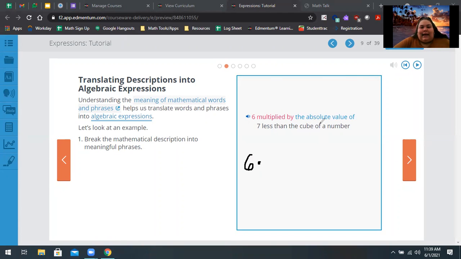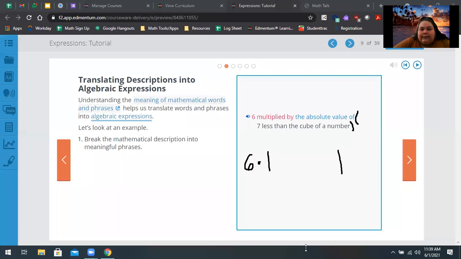Now the next thing it's telling me is the absolute value of. So we're going to put our absolute value symbols there. We don't know exactly what goes inside, but remember, whatever comes after of is going to be inside my absolute value symbol. So the absolute value of 7 less than the cube of a number.